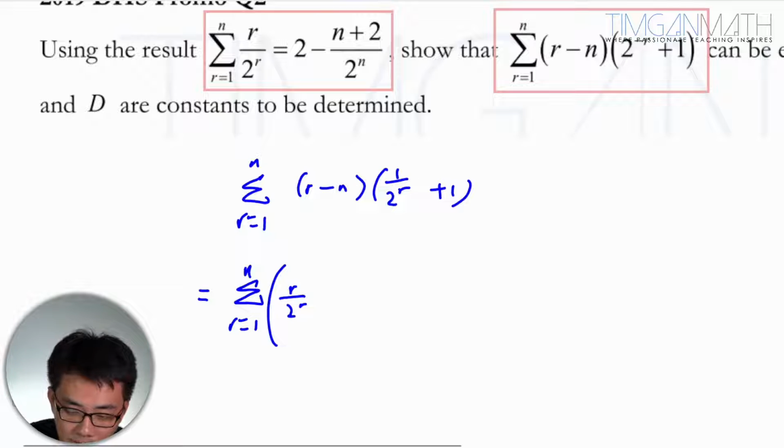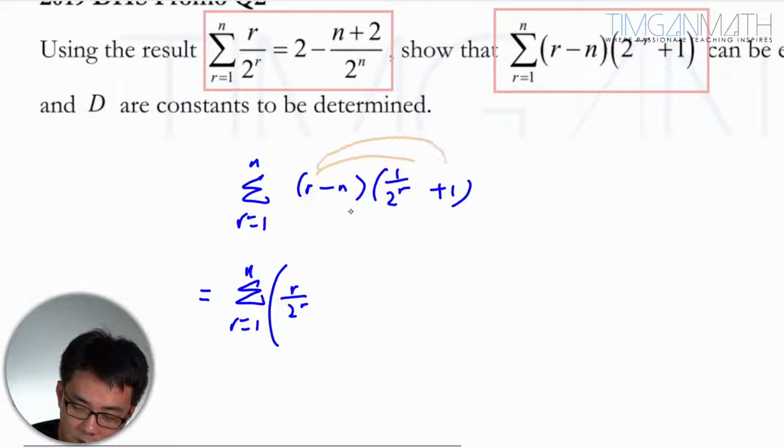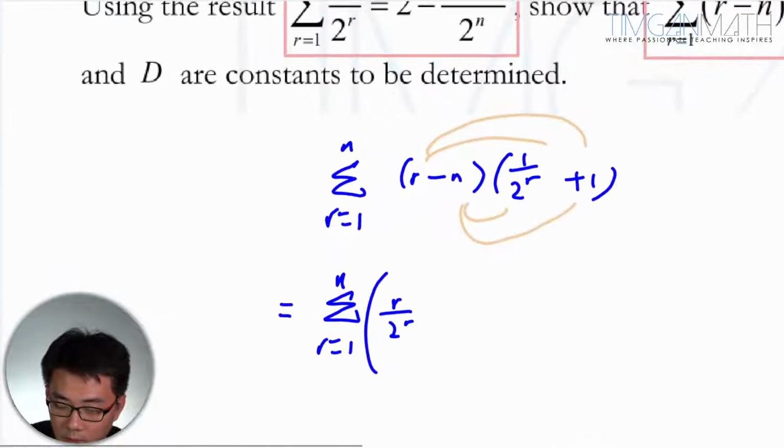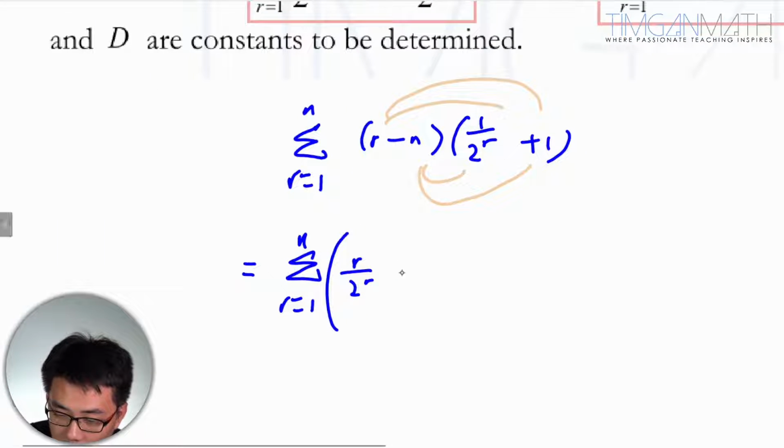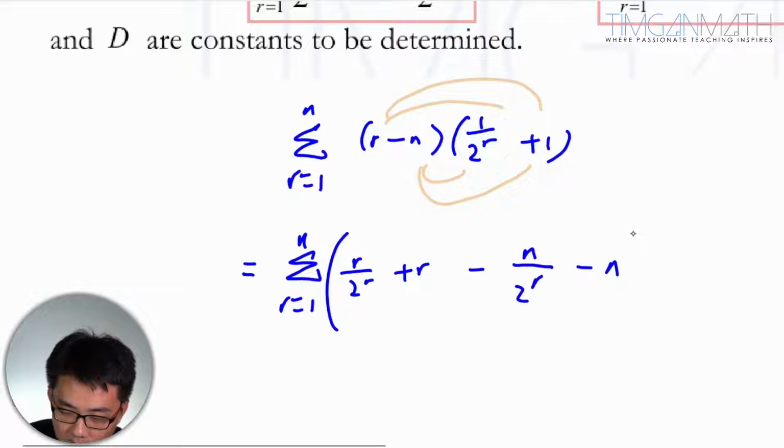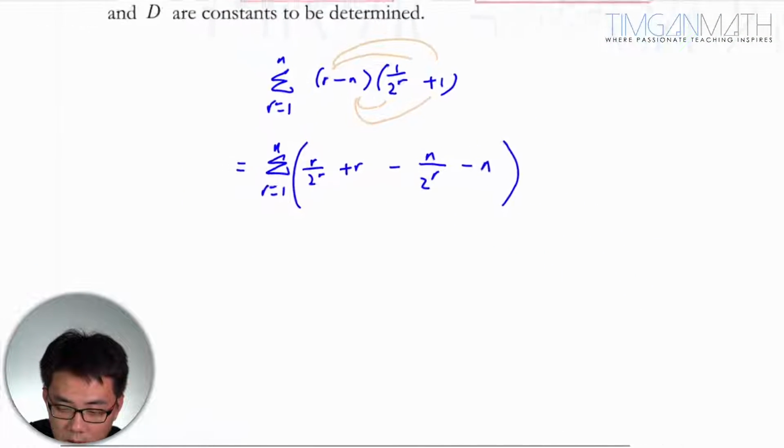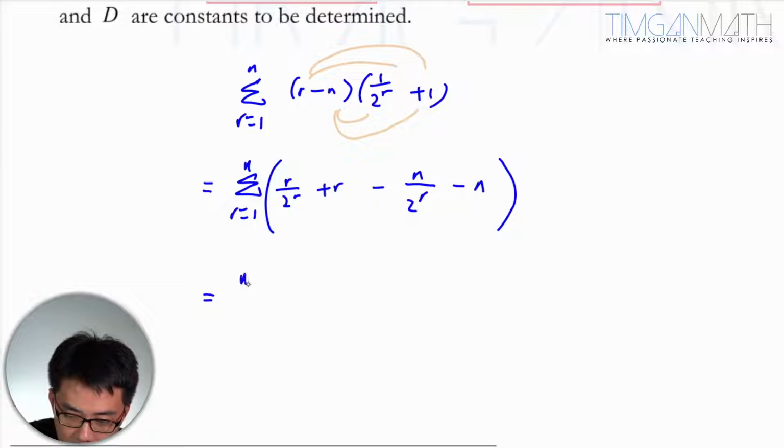Just expand the term here. Once you expand it, you will get (2r plus r minus n) over (2r minus n). Then what do you do next? Of course, you split it up. They say use the given result. So this is r over 2^r.